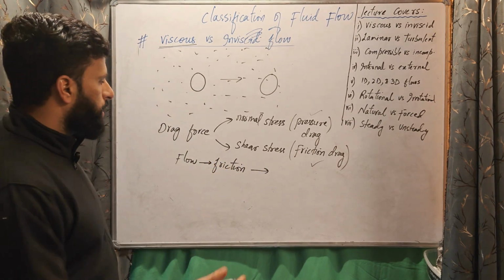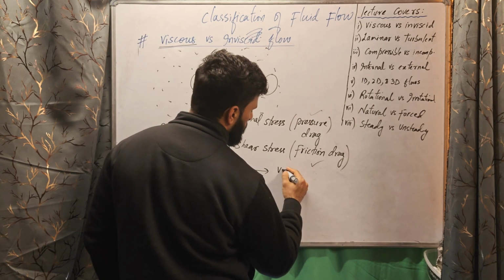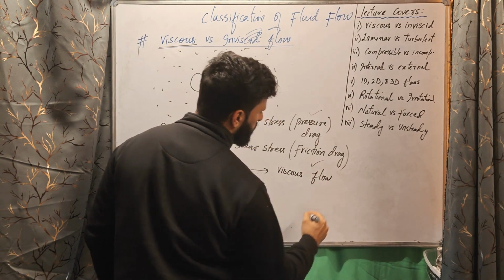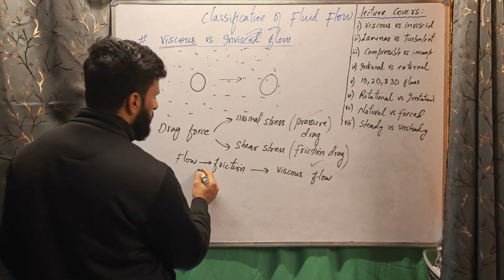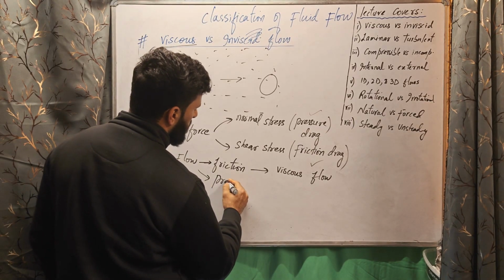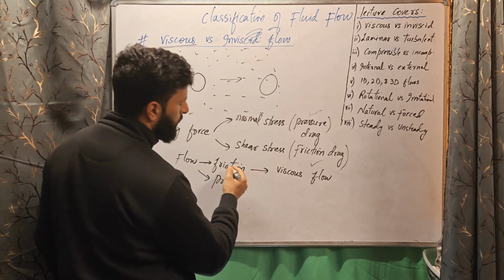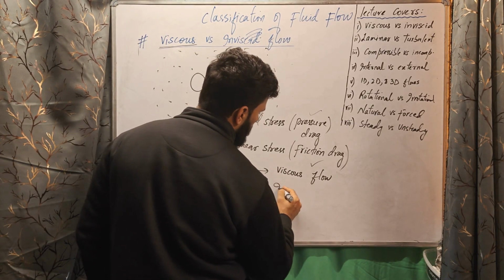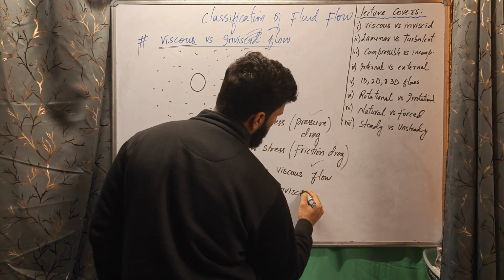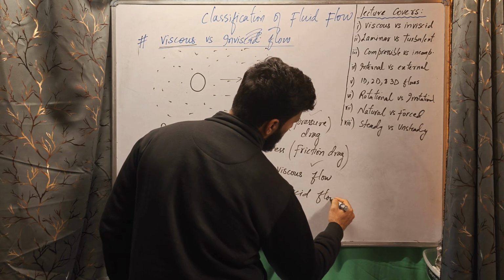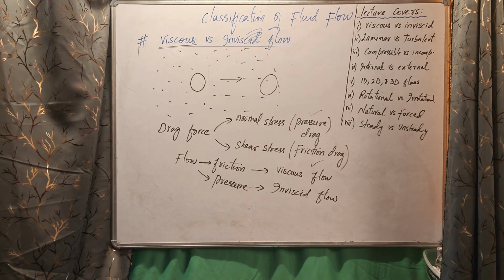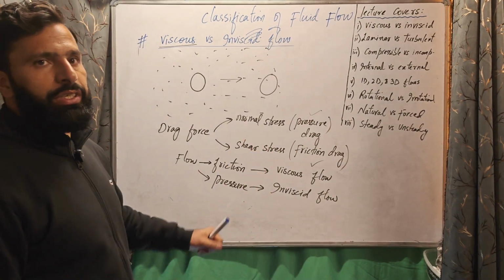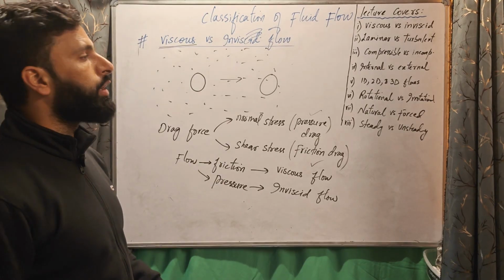If a flow field is dominated by friction drag, we call this viscous flow. If a flow field is dominated by pressure drag and the friction drag is negligible, we call it inviscid flow.